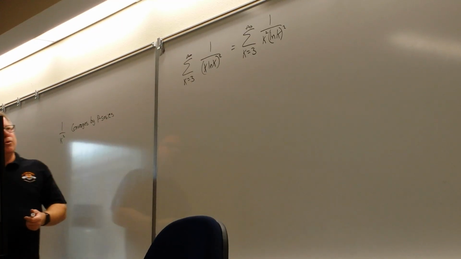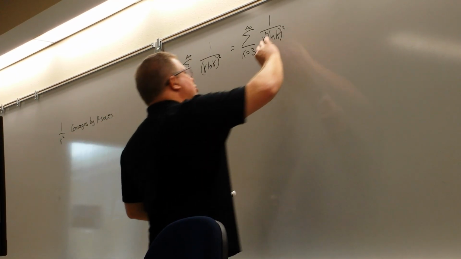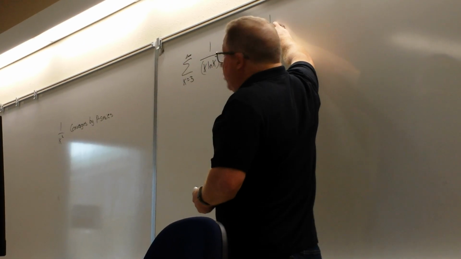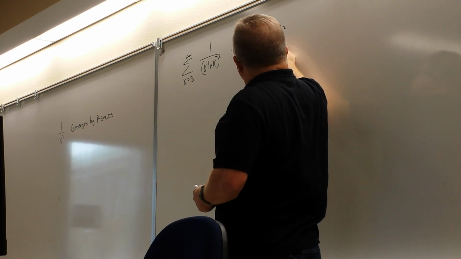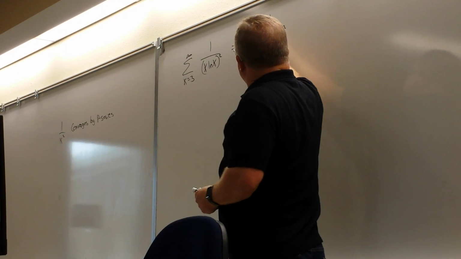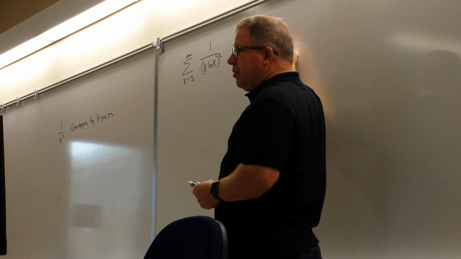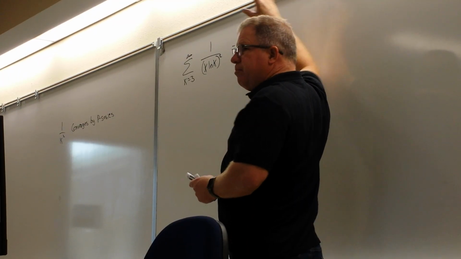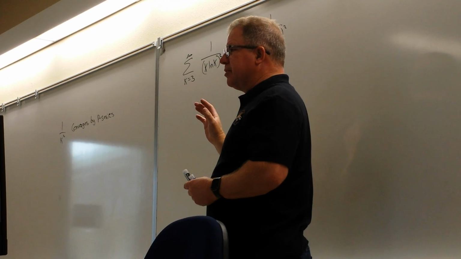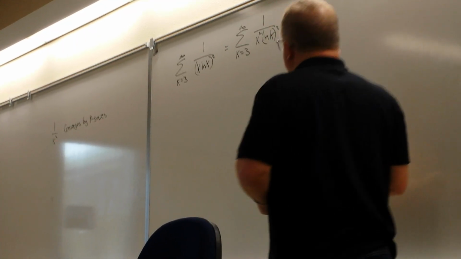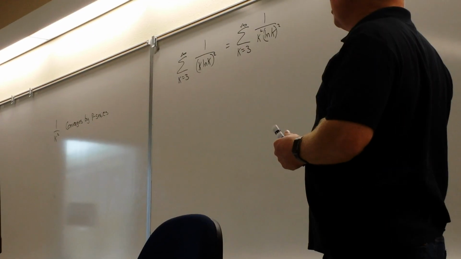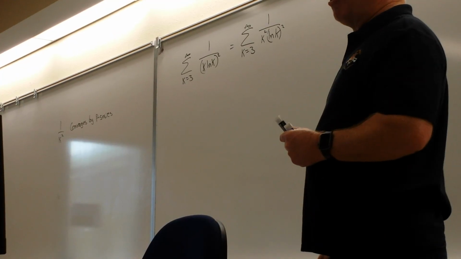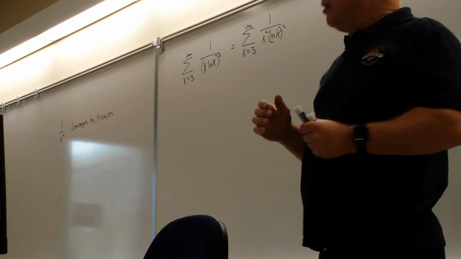So we know that just this would converge, don't we? If we multiply by ln K squared, that simply makes our denominator even larger, which makes the fraction smaller, which makes it even more likely to converge, correct? So it's likely going to converge. That would be our hunch.